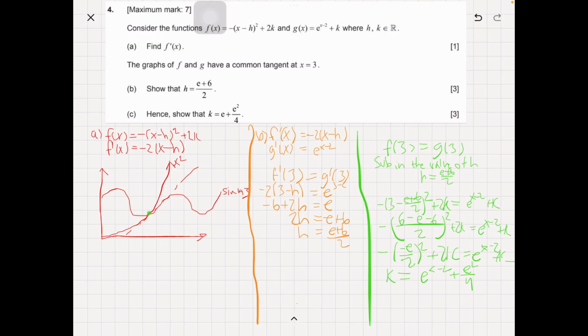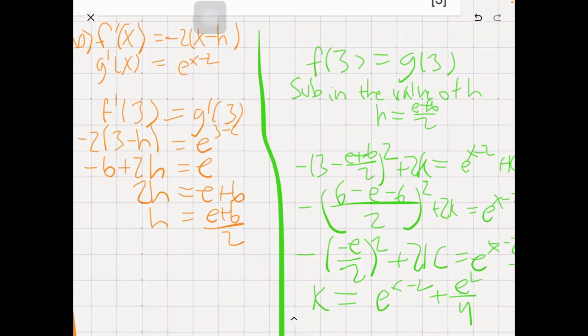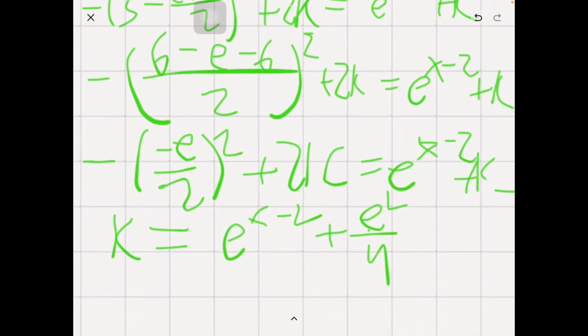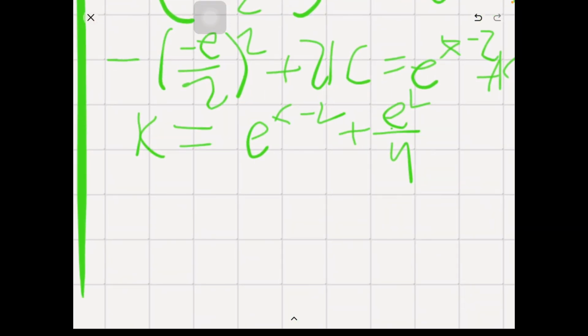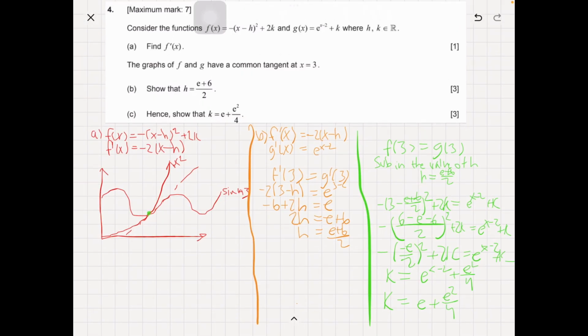Oh, and I forgot something. I forgot to sub in the value of 3 for x. So let's just do that really quickly. So k is equal to e plus e squared over 4. And we are done the question.